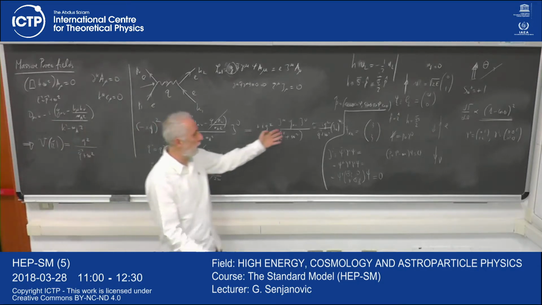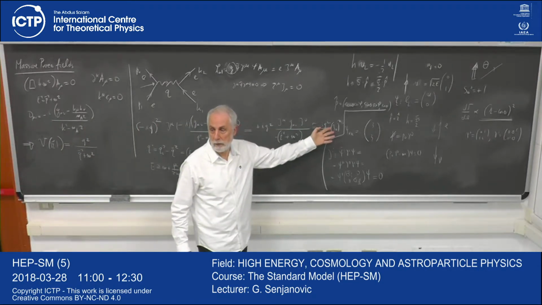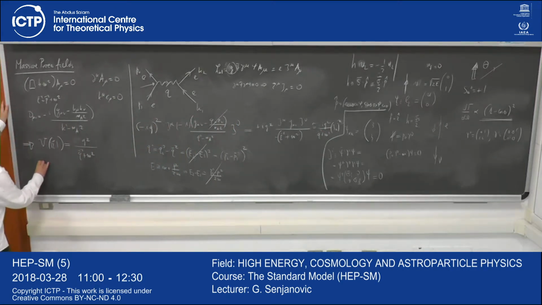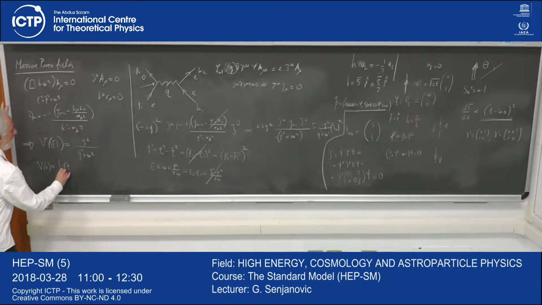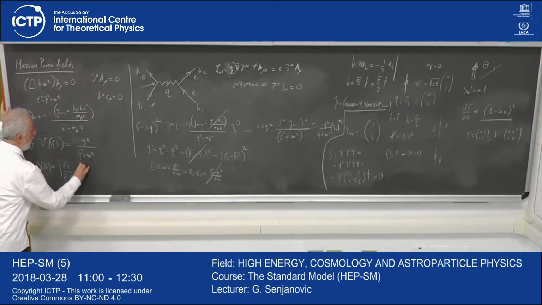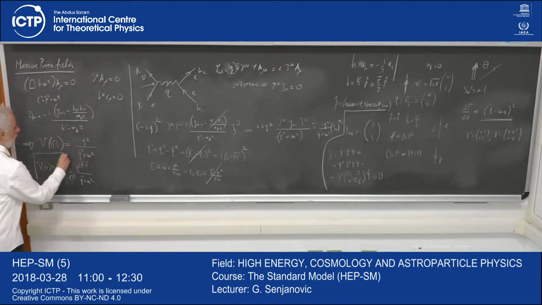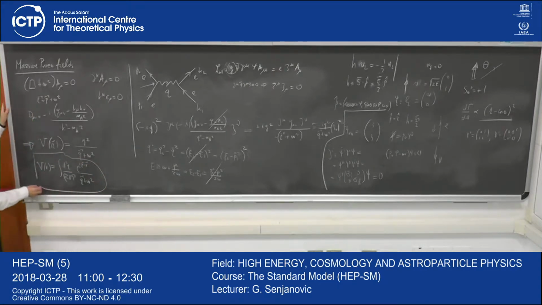Okay, this is an effective interaction, so in the momentum space you put a factor of i. Equivalently, V of r, with this sign, is the integral d3q over 2 pi cubed, e to the i q dot r, a Fourier transform of 1 over q squared plus M squared. This is the static potential. There is g squared.